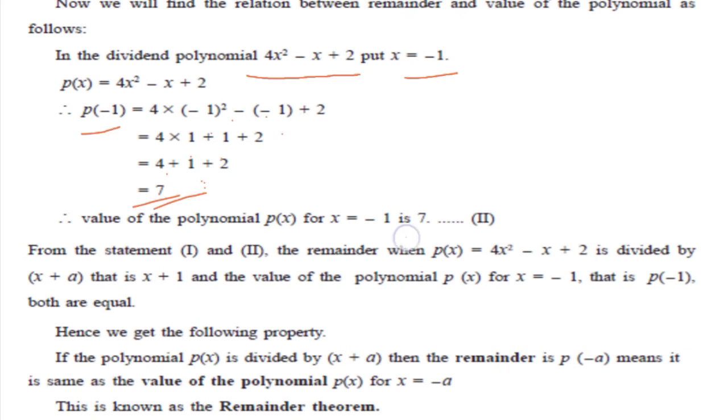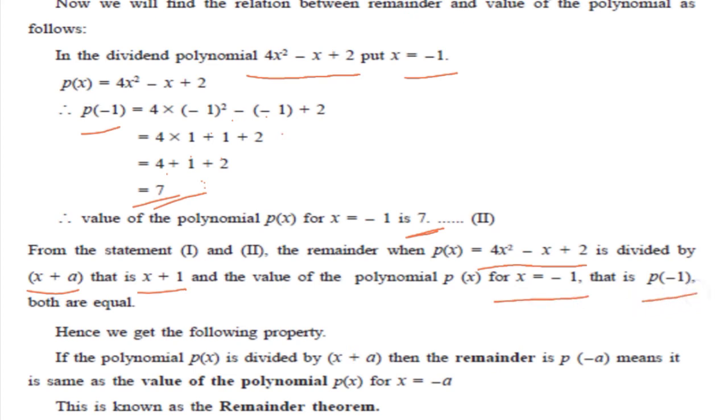It's the second equation. From the first and second statements, the remainder when p(x) is equal to 4x square minus x plus 2 is divided by x plus a, that is x plus 1, and the value of the polynomial p(x) for x is equal to minus 1, that is p(-1), both are equal.